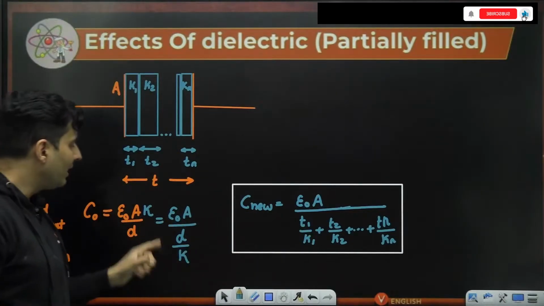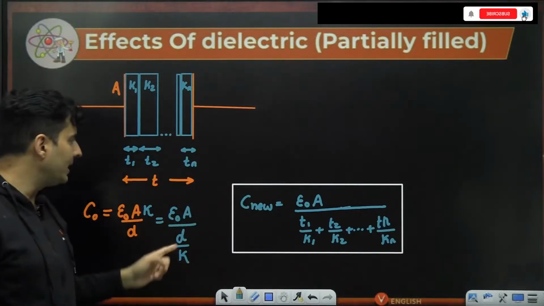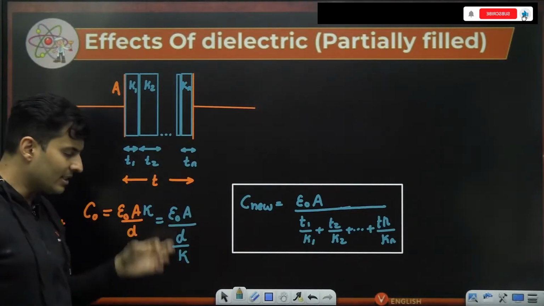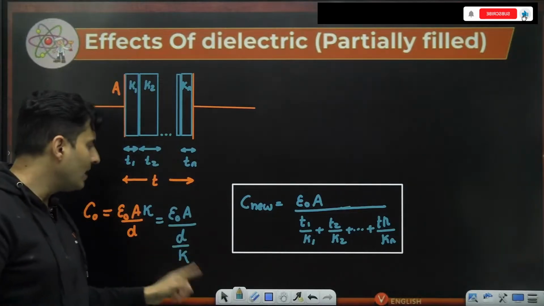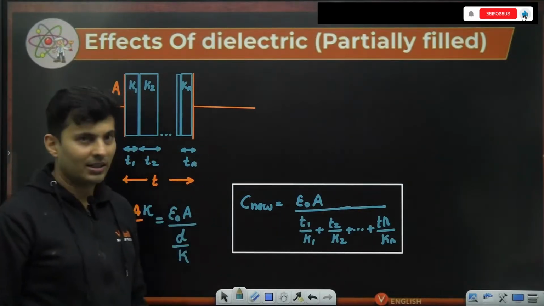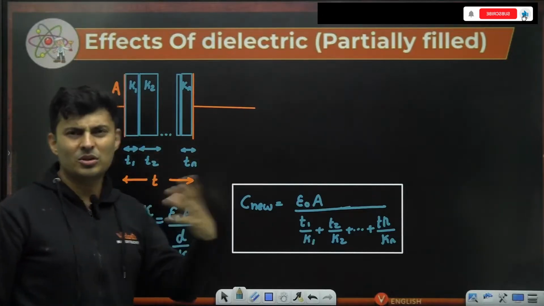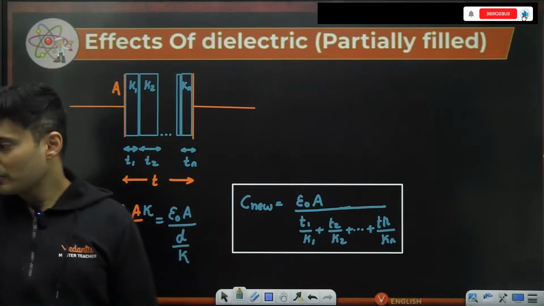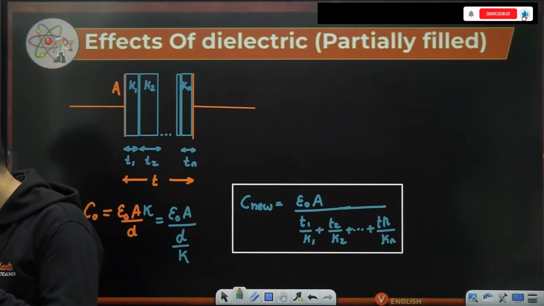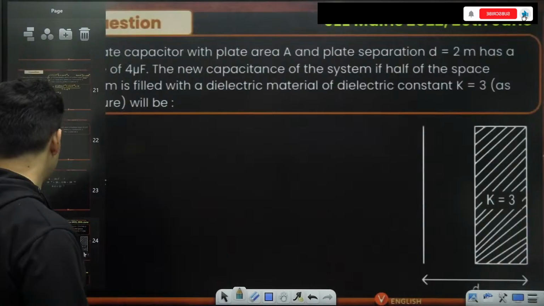This is when the entire space is filled with one single medium. So if there are small spaces filled with multiple mediums, then instead of d by k, it will be the summation: d1 by k1 plus d2 by k2 plus d3 by k3, like that. So small distances you can take. So this is another way of looking at it. Is that okay? Yeah. Moving on to the next question.